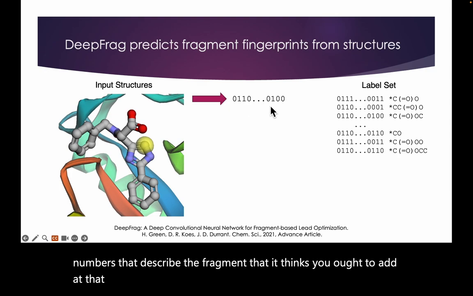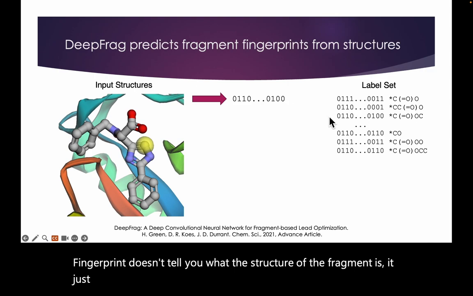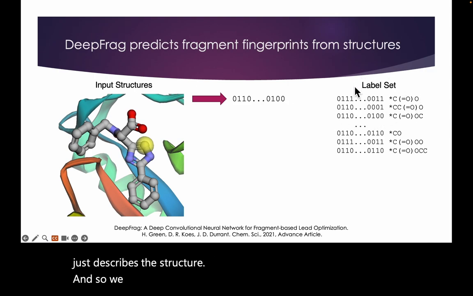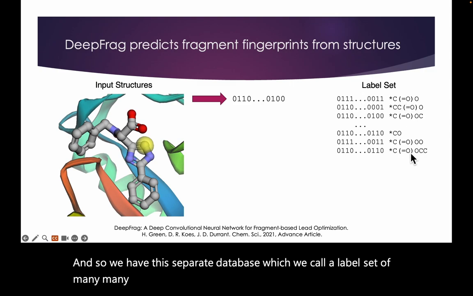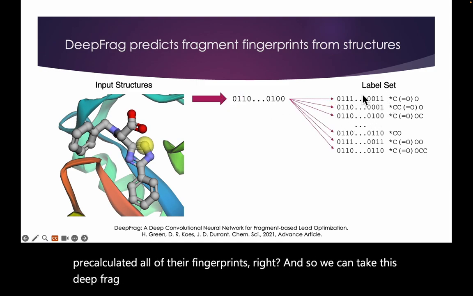But the tricky thing is this topological fingerprint doesn't tell you what the structure of the fragment is. It just describes the structure. And so we have this separate database, which we call a label set, of many, many small fragments. And we've pre-calculated all of their fingerprints, right? And so we can take this DeepFrag predicted fingerprint and compare it to each of these pre-calculated fingerprints.